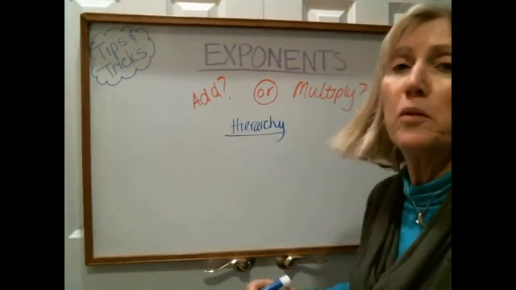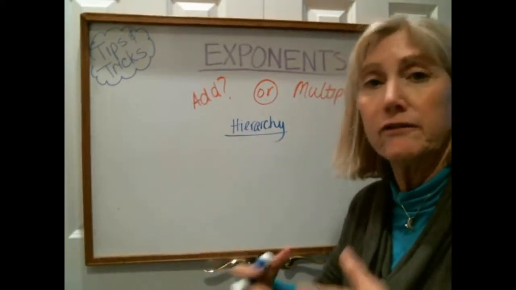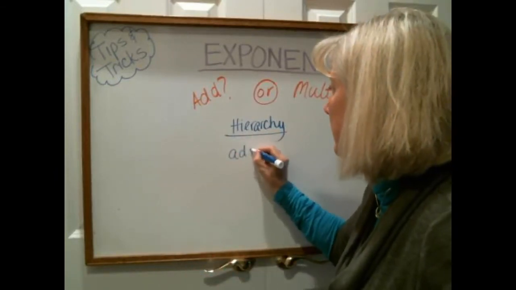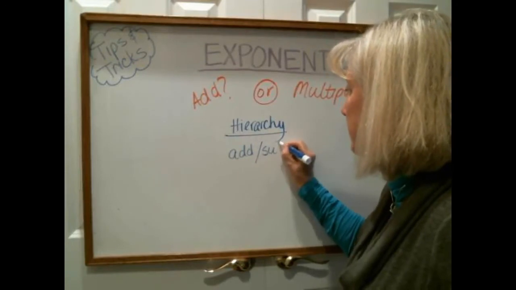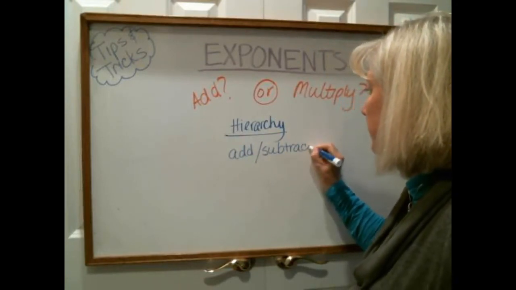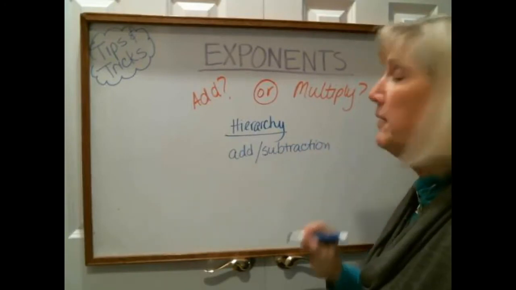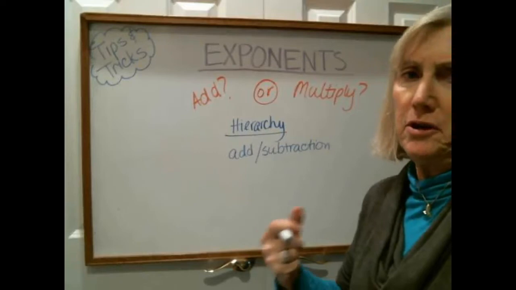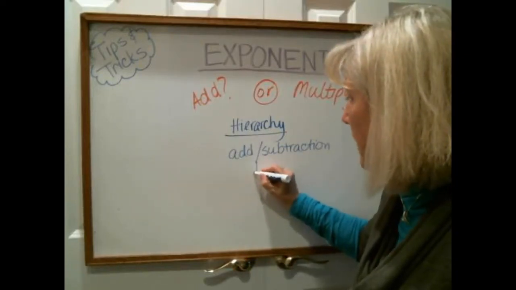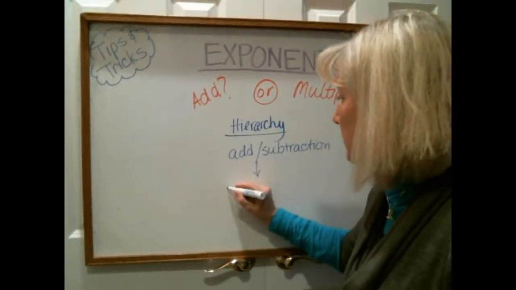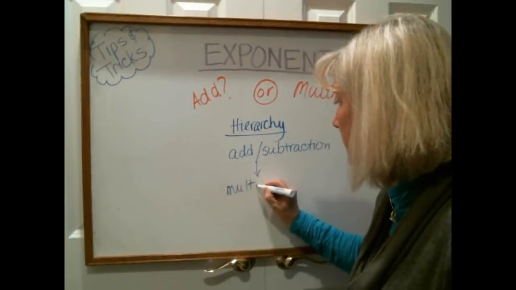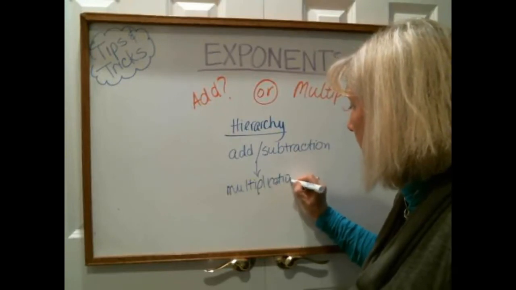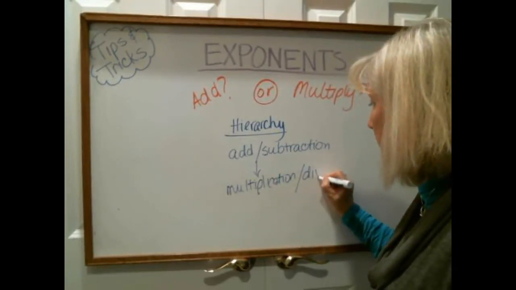All right, so when you were in kindergarten and first grade, the first kind of math you learned to do was addition and subtraction. And then when you got to around third grade, you got really good and you thought, hey, I'm good at math, and addition and subtraction graduated to multiplication and division.